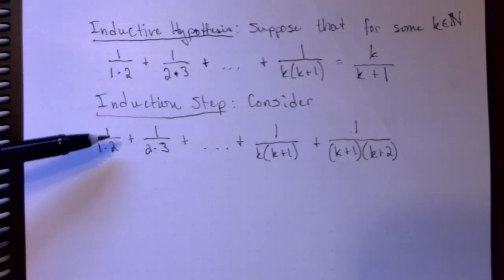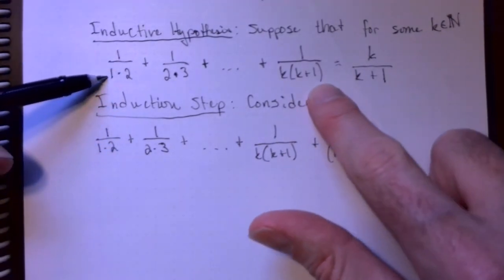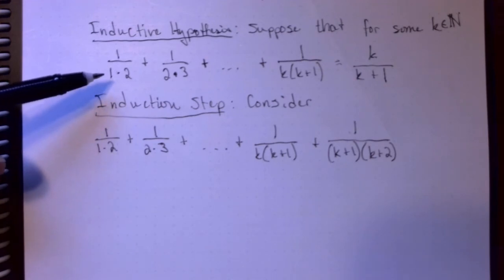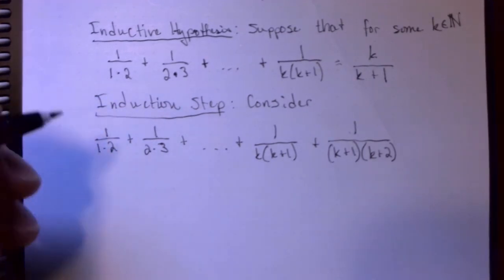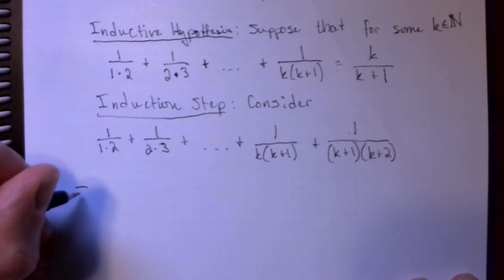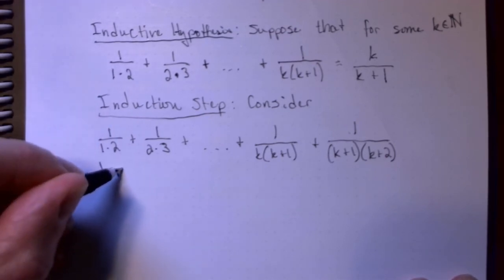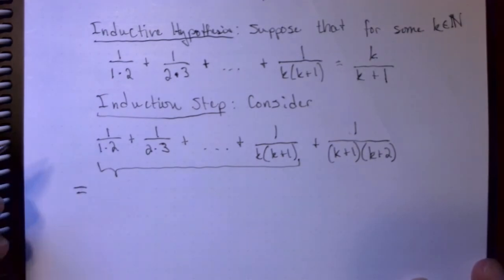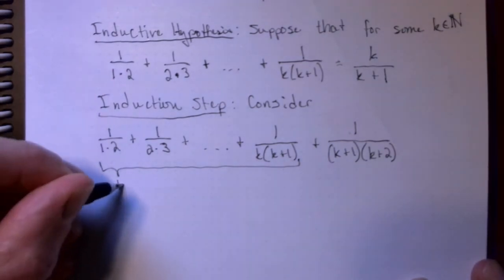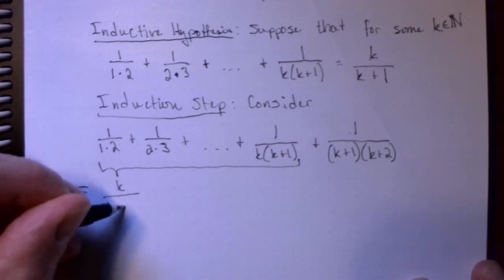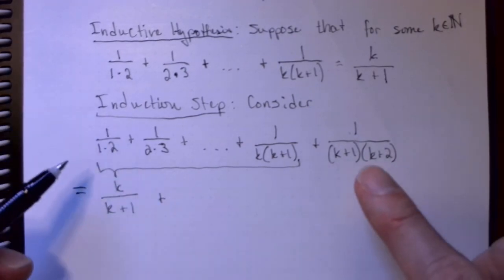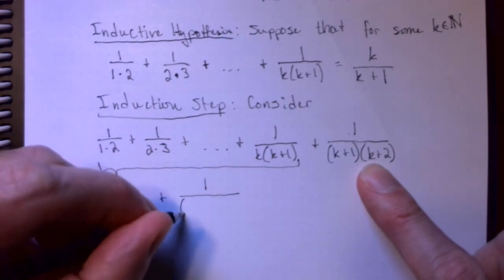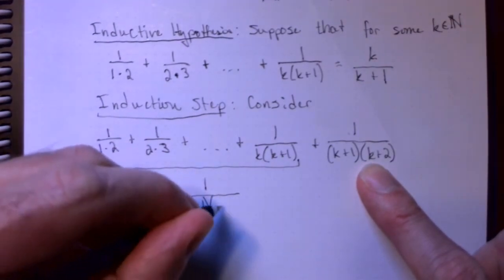Okay, in your induction step, you're taking the left-hand side of your inductive hypothesis and you are adding the next term. All right, now the inductive hypothesis says that this bunch of terms can be replaced by k over k plus 1. Okay, now it doesn't say anything about what happens when we throw this into the mix. So we have to look at what happens.